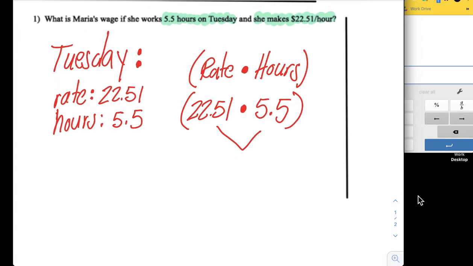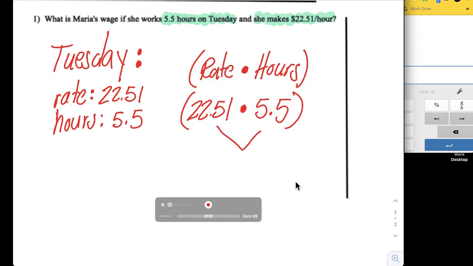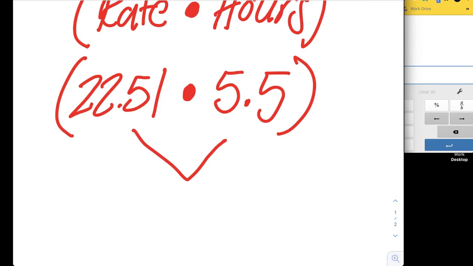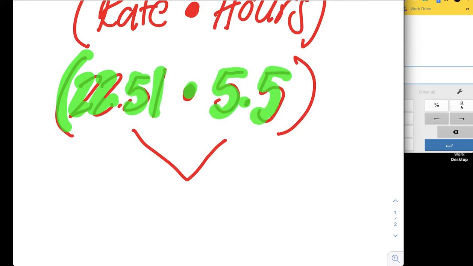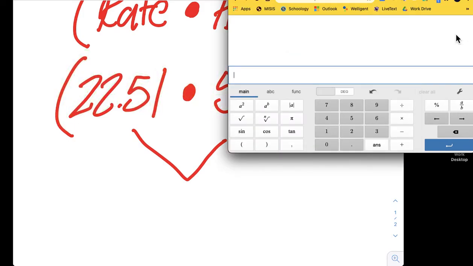So I'm going to use my calculator here that is in Schoology, the scientific calculator on Desmos. And I am literally going to copy exactly what I see here. I'm going to say parentheses 22.51 times 5.5 parentheses.